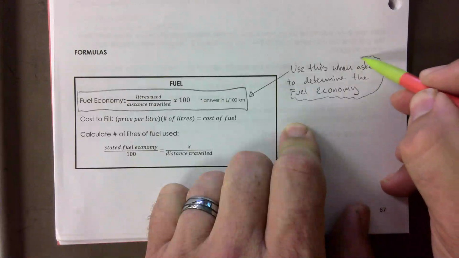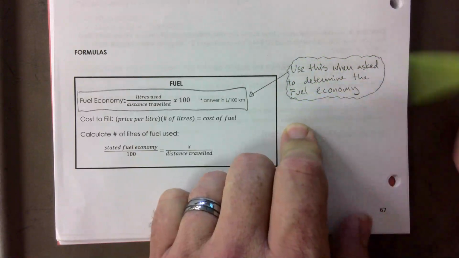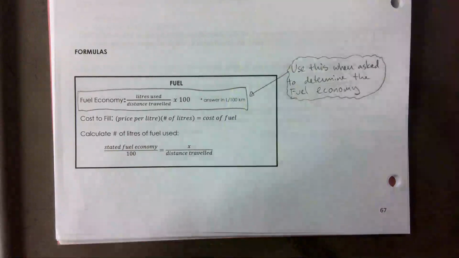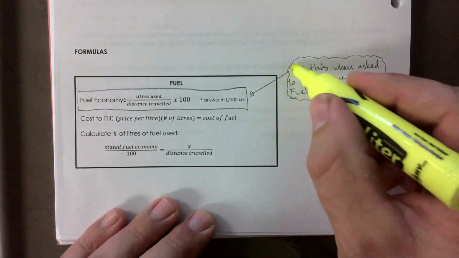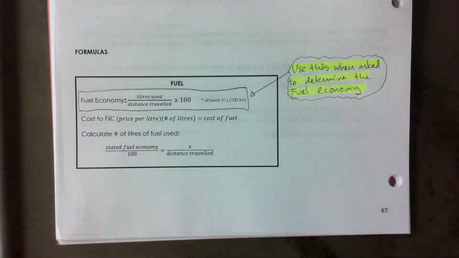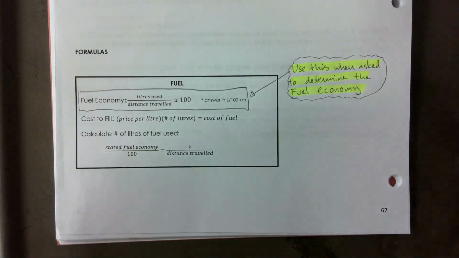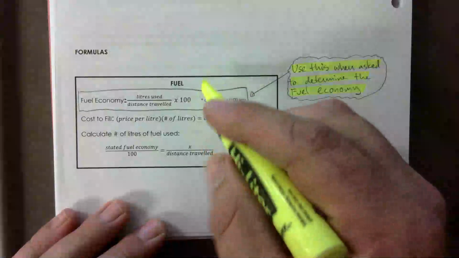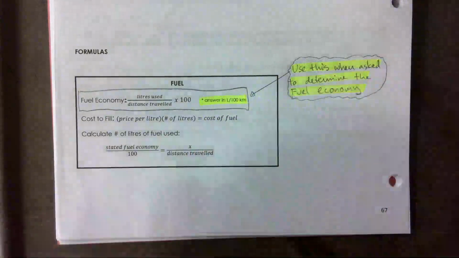This is a note that I would like you to have on there. Use this when asked to determine the fuel economy. Then you will use that formula: liters used divided by distance traveled times 100. And don't forget to answer. Finally, you'll answer like this.